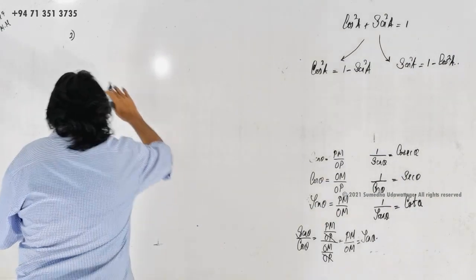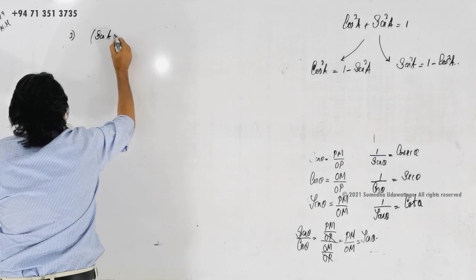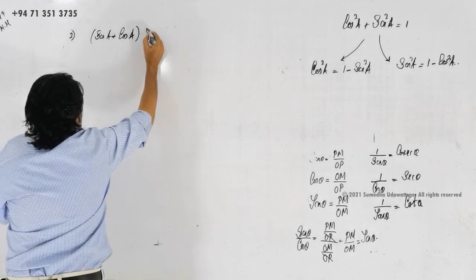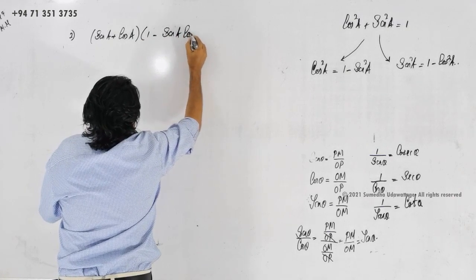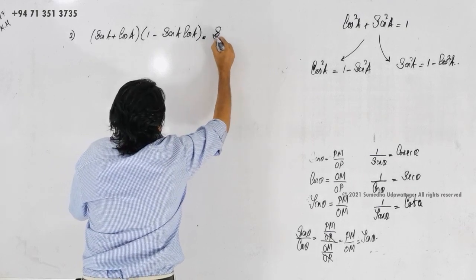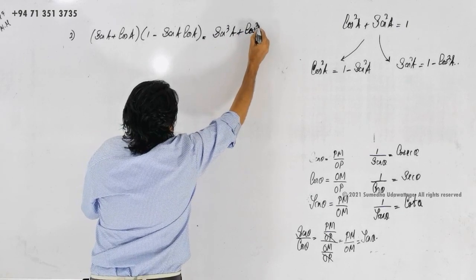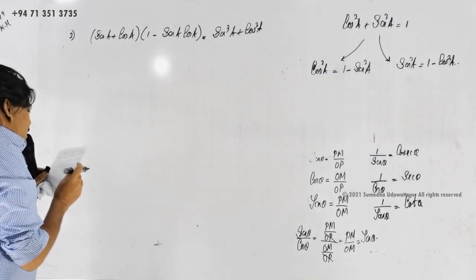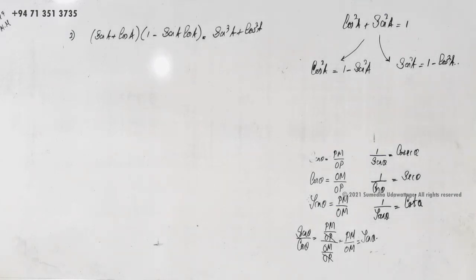You got to prove sin A plus cos A, 1 minus sin A cos A, is equal to sin to power 3A plus cos to power 3A. Sin A plus cos A, 1 minus sin A cos A, you got to show is equal to sin to power 3A plus cos to power 3A.